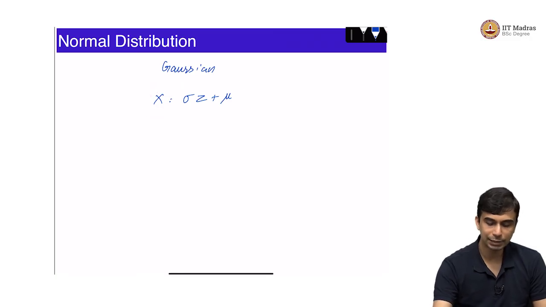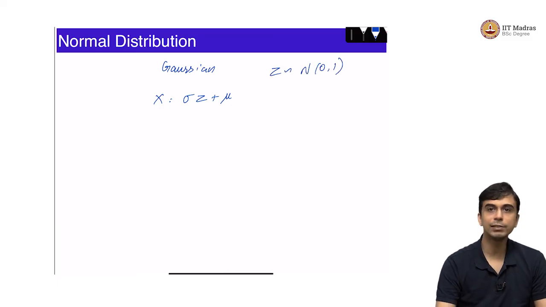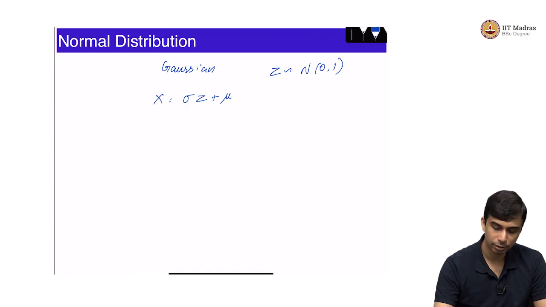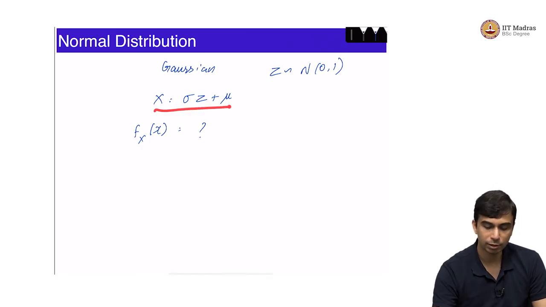Now, let us say z is distributed as normal 0, 1. What can we say about the density of x? So, f_X of x is equal to what, that is the question. You can use our change of variable rule because this happens to be an invertible transform.